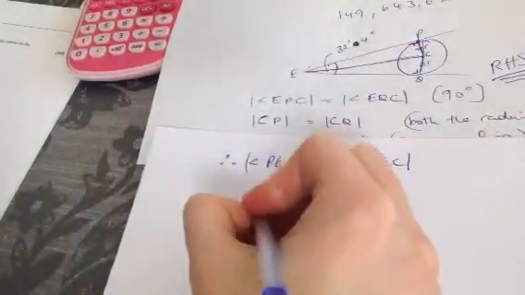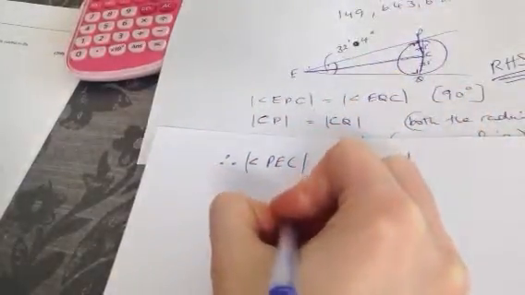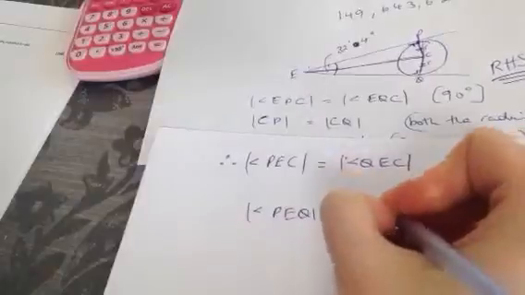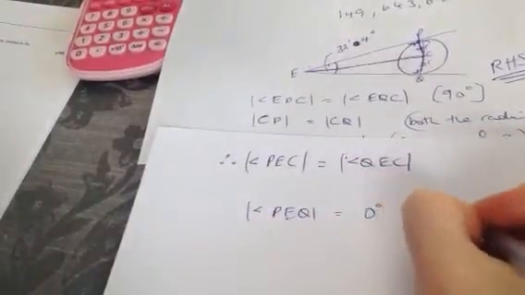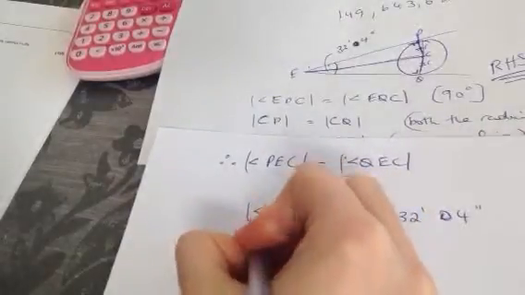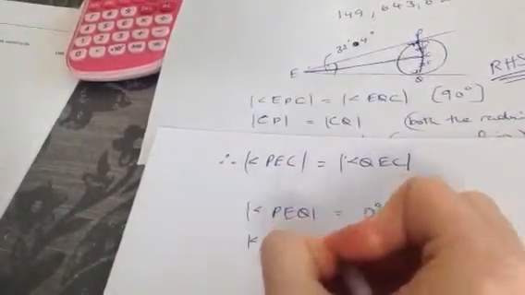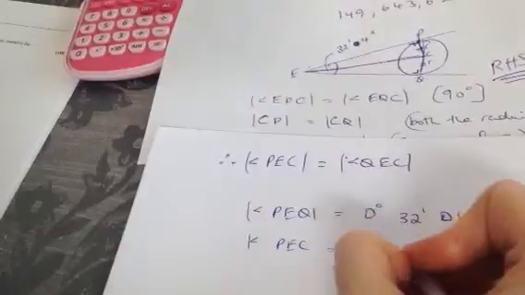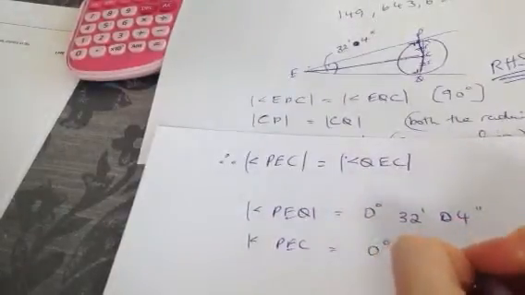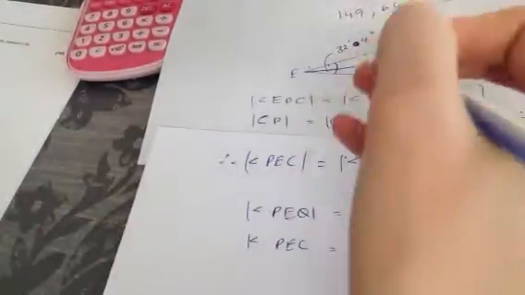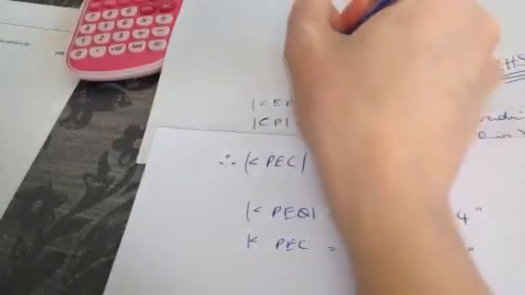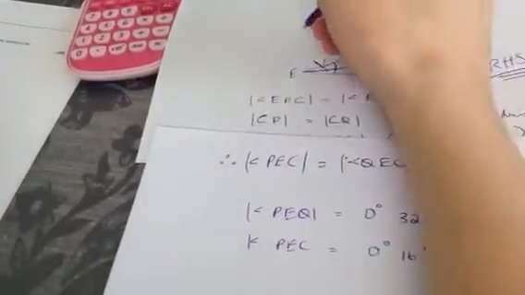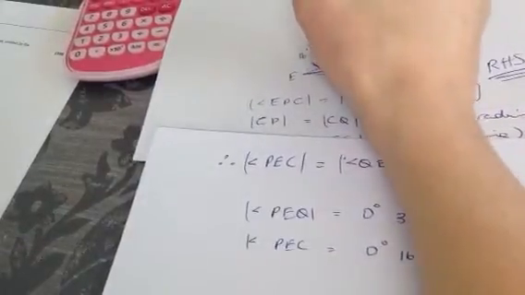I know the angle PEQ was 0 degrees, 32 minutes and 4 seconds, which means the angle PEC is equal to 0 degrees, 16 minutes and 2 seconds. So I know that this little bit here is 16 minutes, 2 seconds.